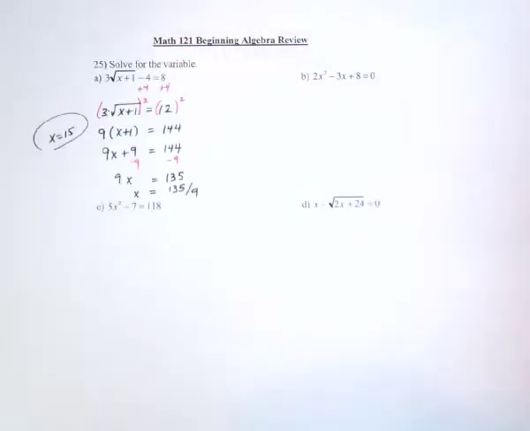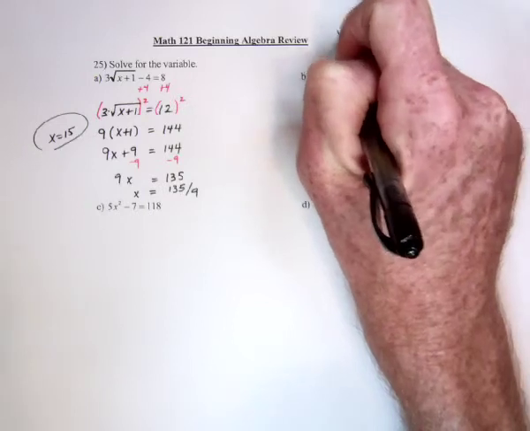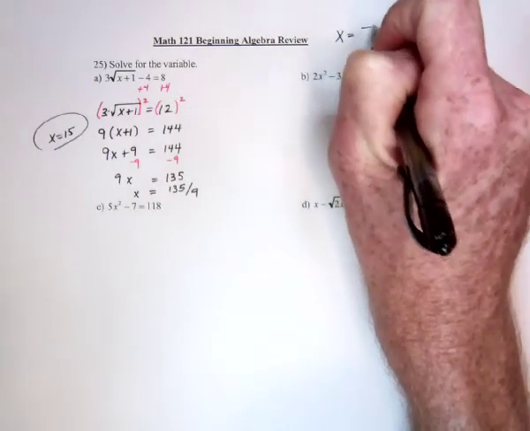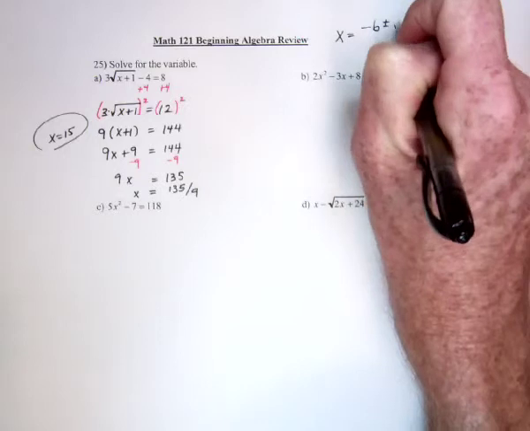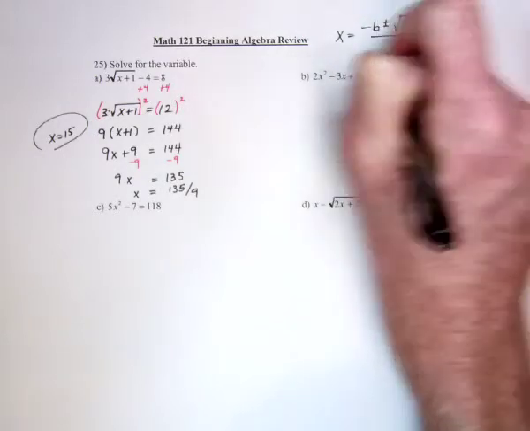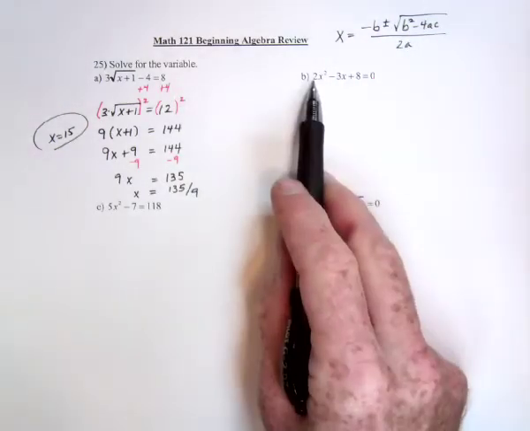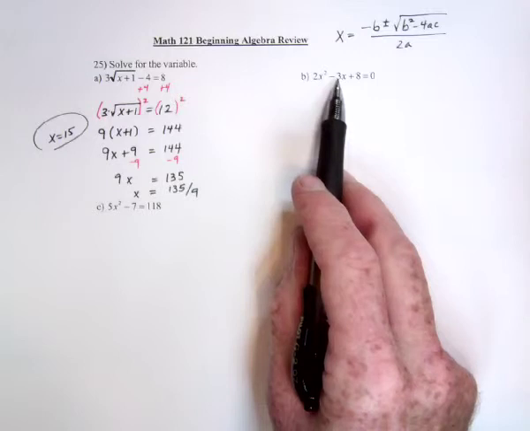That means quadratic formula. Just as a quick reminder, x is equal to negative b plus or minus the square root of b squared minus 4ac divided by 2a, where this is the a, this is the b, and this is the c.